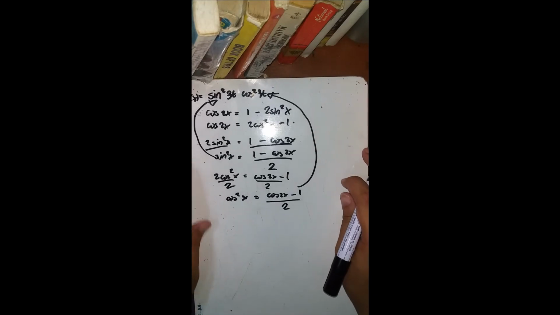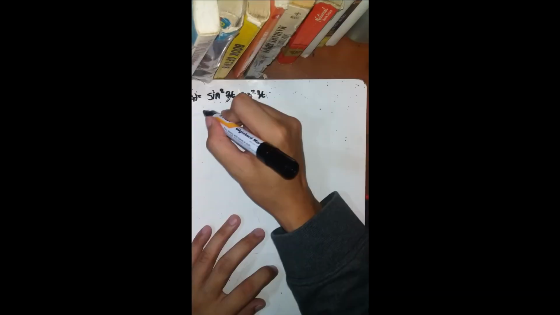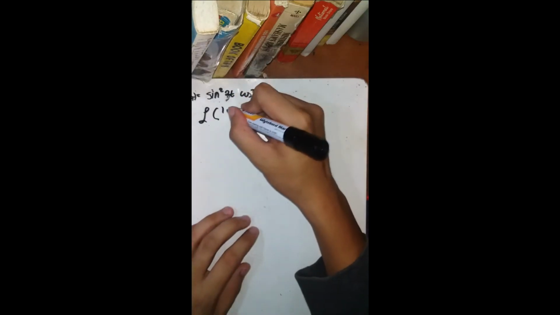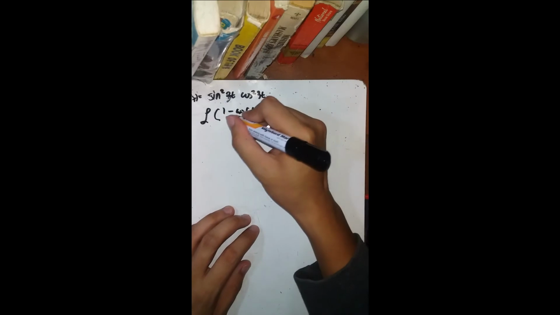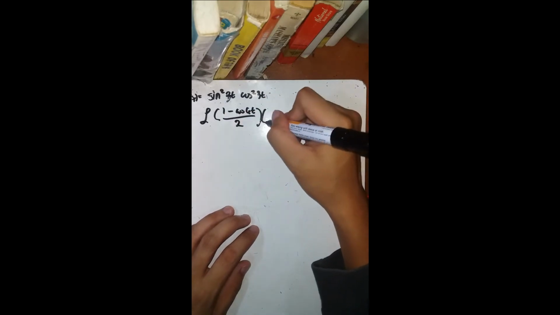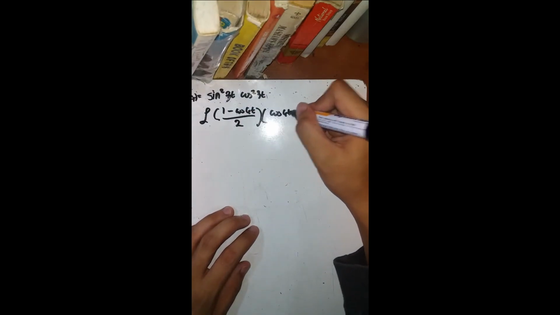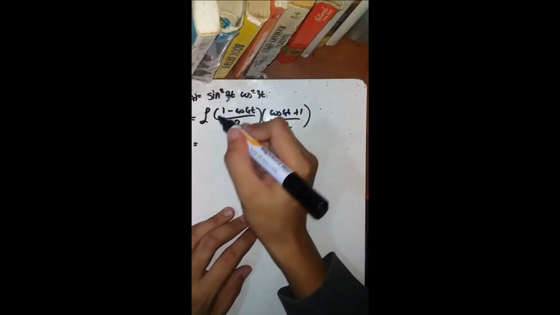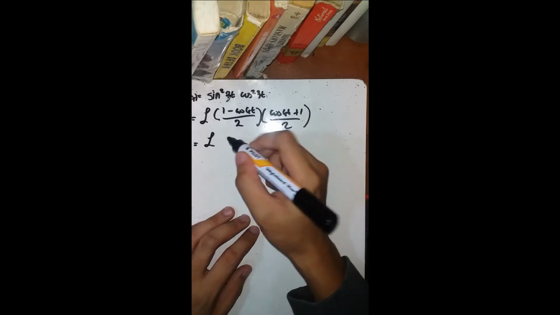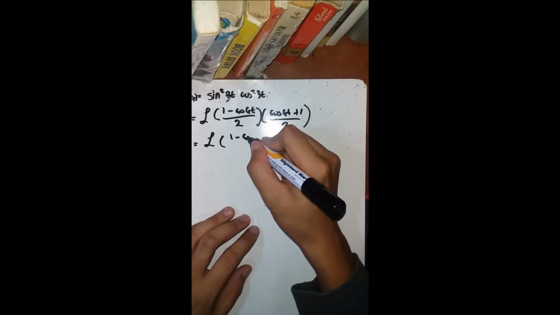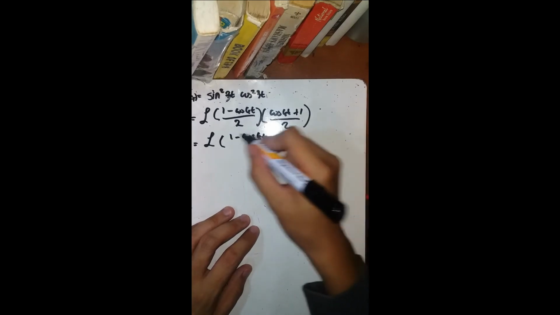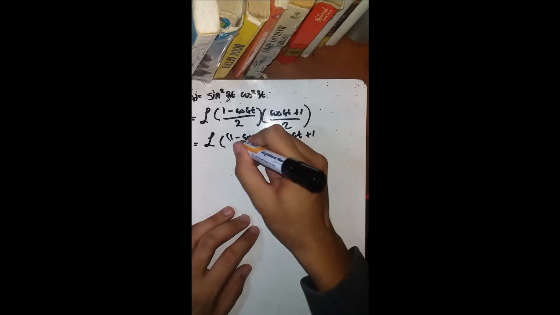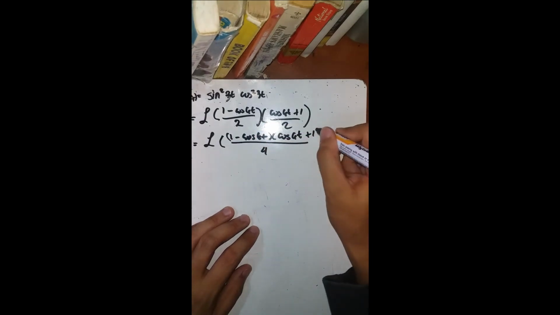Okay, so let me erase. So the Laplace of 1 minus cos 6t all over 2 times cos 6t plus 1 over 2. So we multiply them. You get here 1 minus cos 6t times cos 6t plus 1 all over 4.